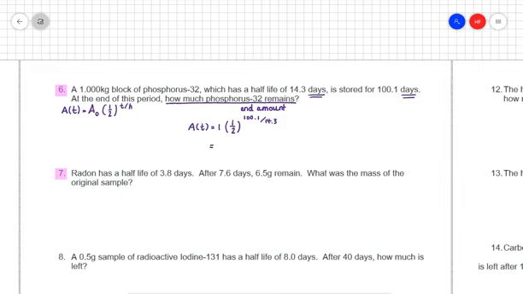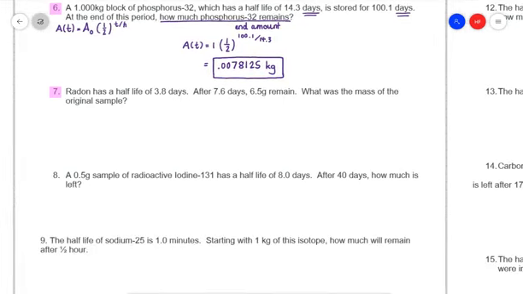And we get our end amount as 0.0078125, and that is in kilograms. And that was just from putting that whole thing in the calculator as it is.